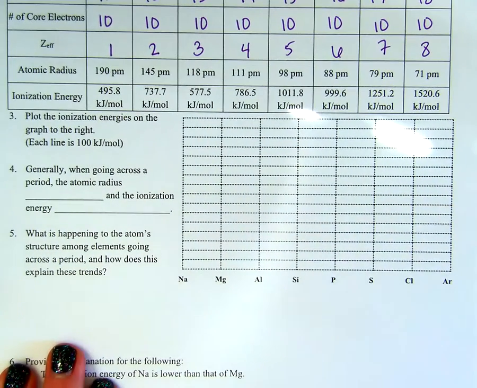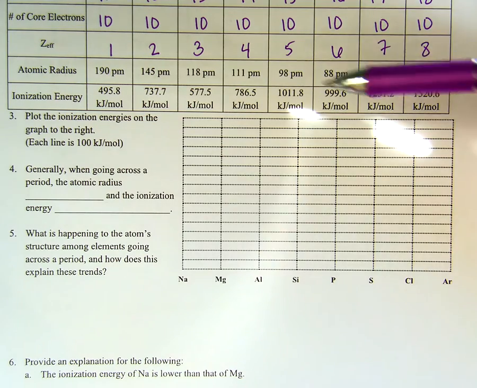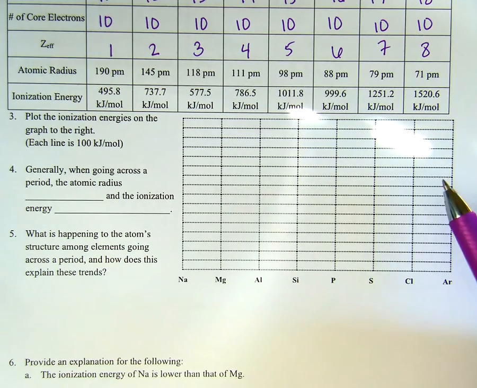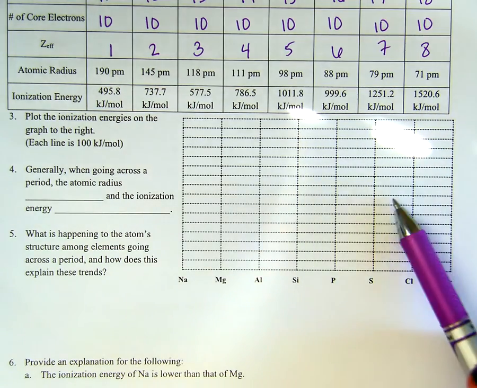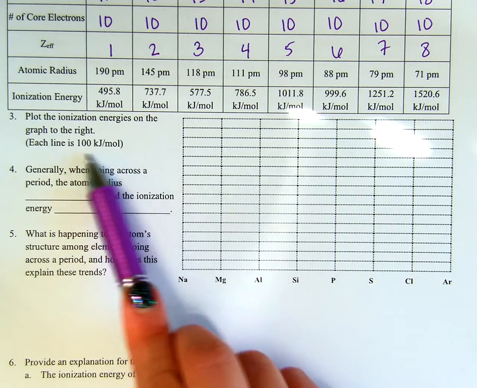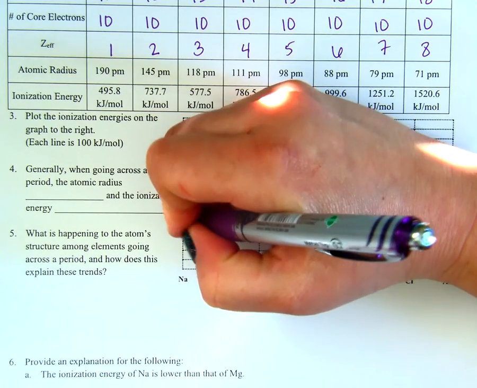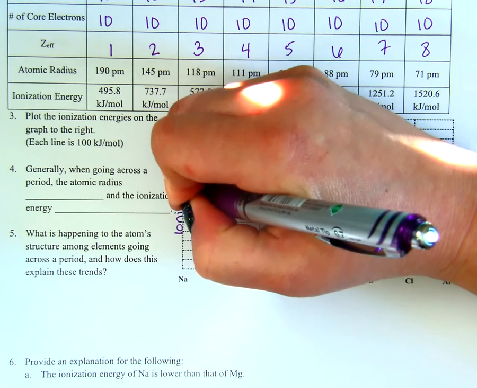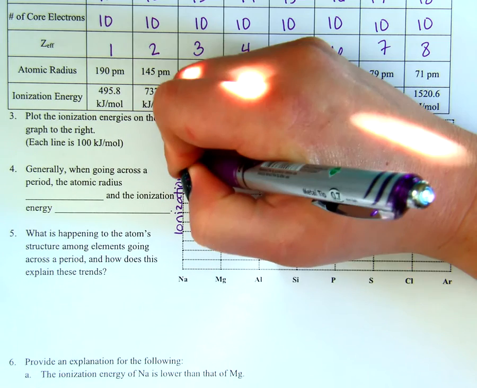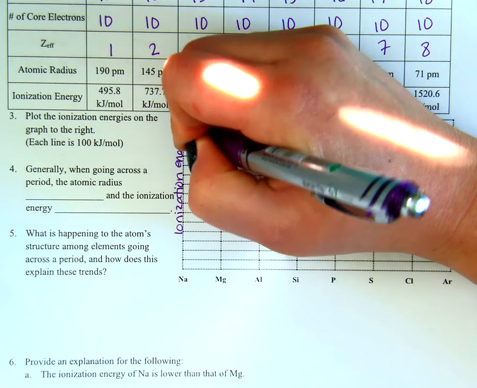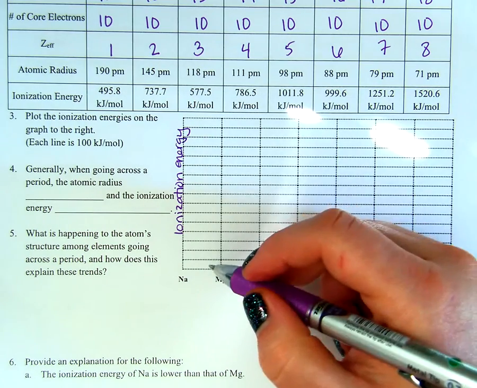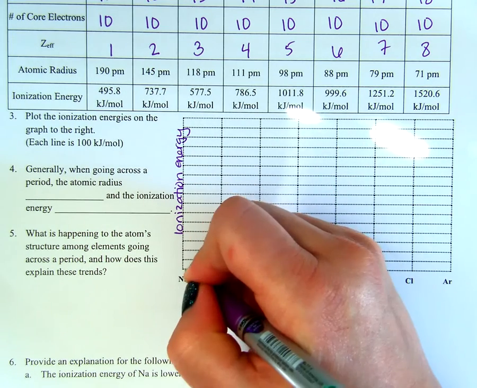Okay, so for right now, I would like you to please pause this video and plot these points on the graph. So plot the ionization energies on the graph. Each line is 100 kilojoules per mole. So if I would label this, this is our ionization energy. And each line is 100 kilojoules per mole, so we can start at the bottom at 0.